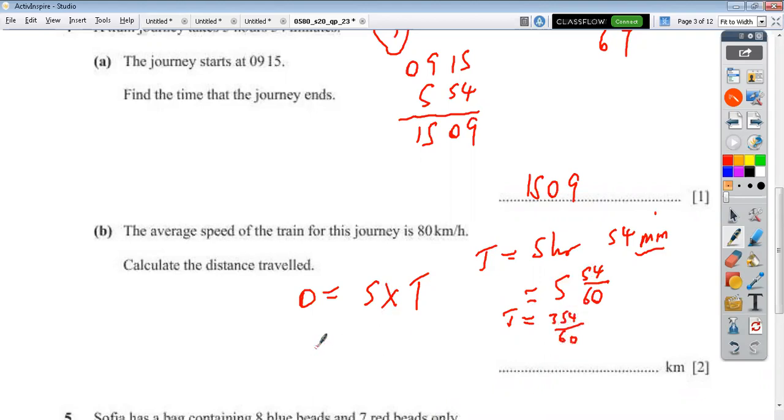So let's go there. We're simply saying 80 multiplied by 354 over 60. What do you get? I'm getting 472. 80 times 354 divided by 60.